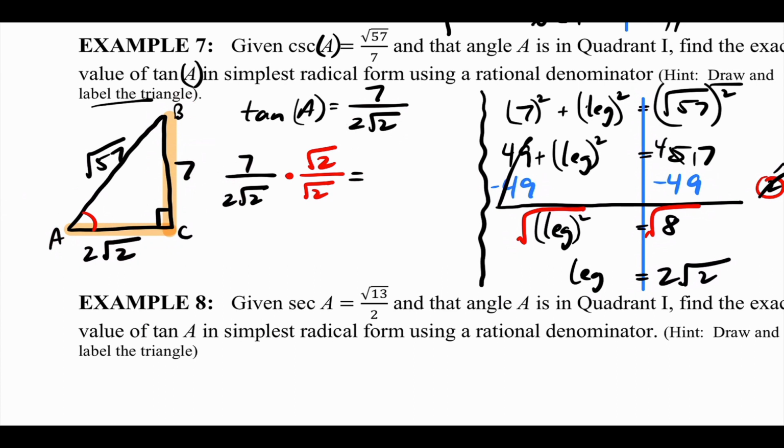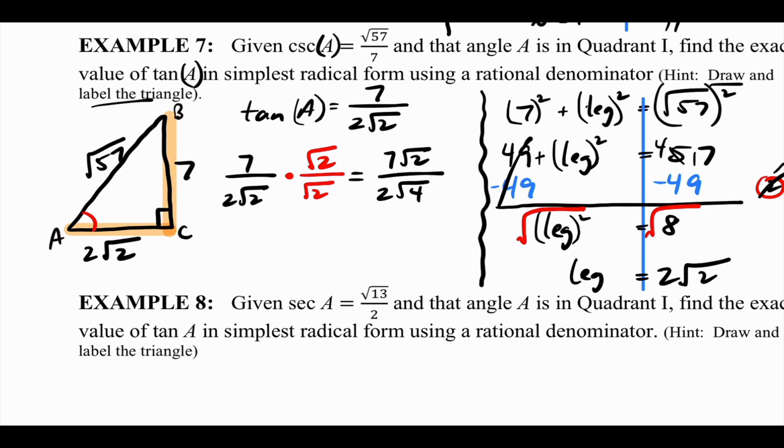Okay, so I multiply straight across, and I get 7 times the square root of 2, right? Because I can't multiply 7 and 2 to make 14. Now, the bottom, I have a 2 out in front, and I have a square root of 4 when I multiply, right? What is the square root of 4? 2, right?